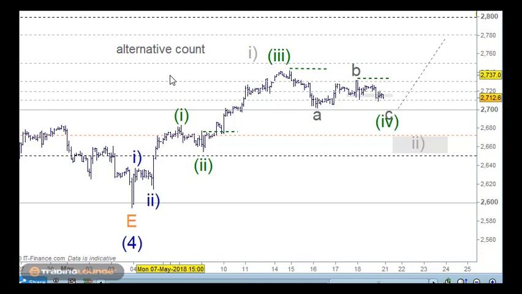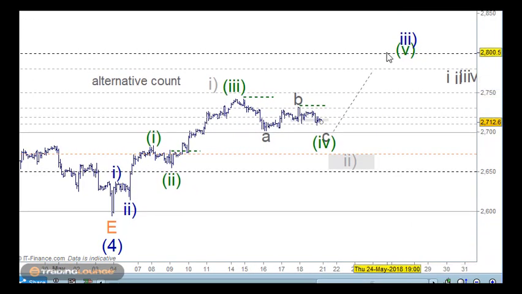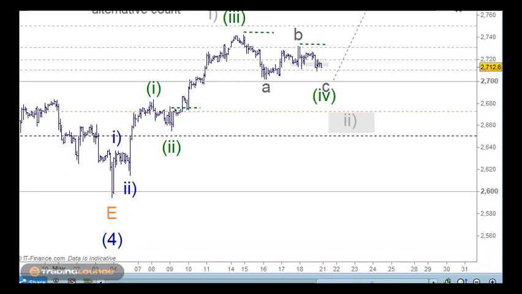It's not that we're going to miss anything either. In this count, we're looking at wave 1 and 2 here, then 1 and 2 again, with this as the 3rd of the 3rd, and then an A, B and C wave here, pretty much staying above the 2700 mark and then moving higher from there. Like I mentioned, it's not like we're going to miss it.